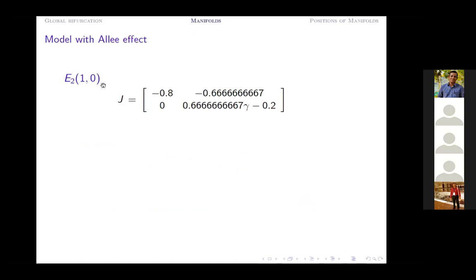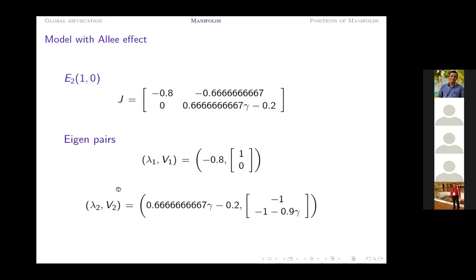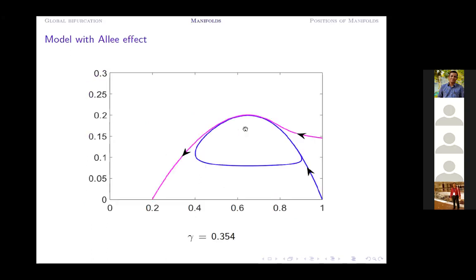Similarly, you can evaluate the Jacobian matrix at 10 and also find the corresponding eigenpair. Why these eigenpairs are required, I'll explain right now. Okay, so this is the plot of 2 manifolds. What are those manifolds? Unstable manifold of 10 and stable manifold of 0.2, 0.